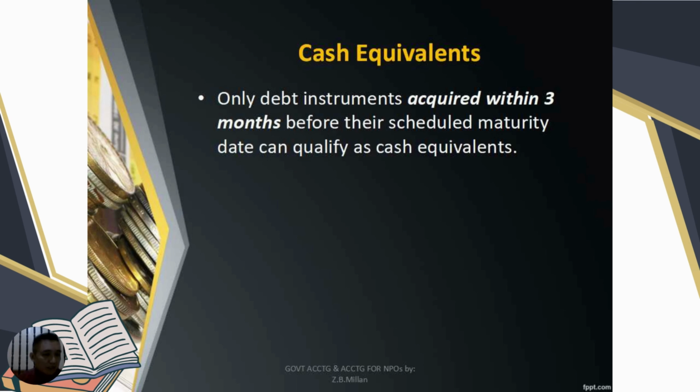You need to reconcile not just the cash, but all the accounts that can be seen in our financial statements. Cash equivalents: only debt instruments acquired within 3 months before their scheduled maturity date can qualify as cash equivalents. Otherwise it will not qualify as cash equivalents.